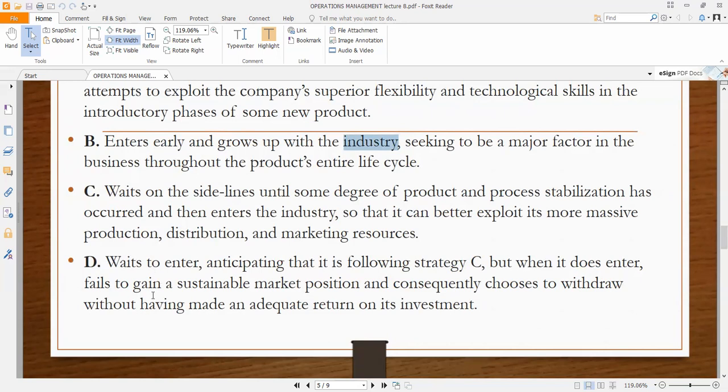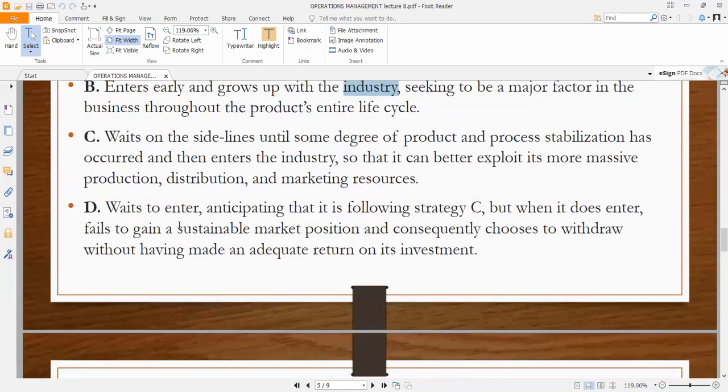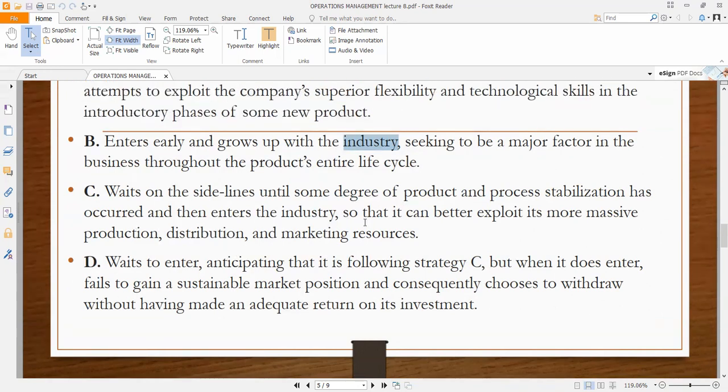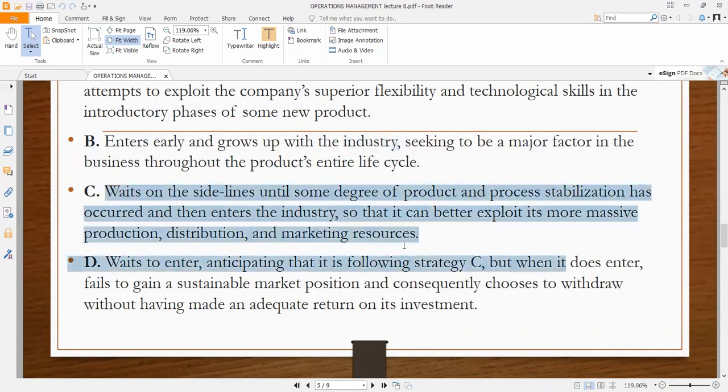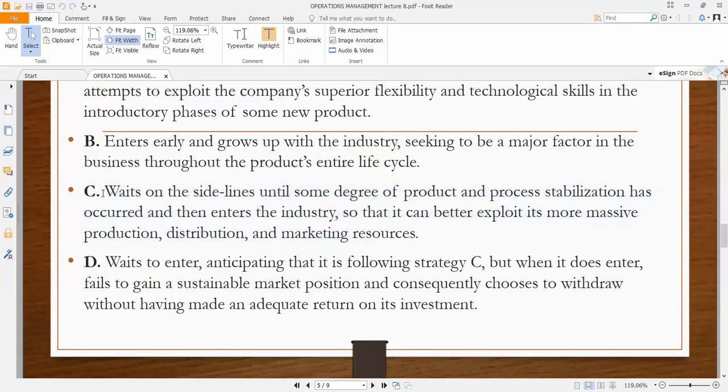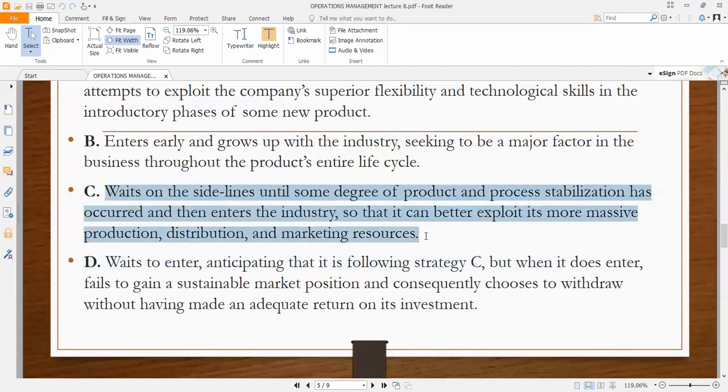D was saying waits to enter, anticipating that it is following strategy C. But when it does enter, it fails to gain a sustainable market position and consequently chooses to withdraw without having made an adequate return on its investment. So as you look at C, C may not be too productive because as you wait to observe how the market is operating, you are losing out.